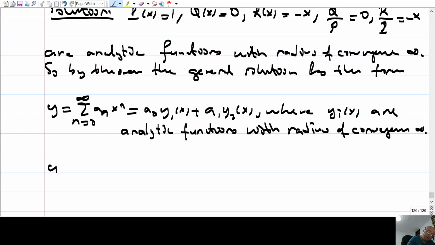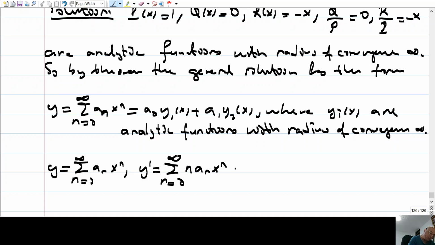How can we find this? Well, here is the function y. What is its derivative? I'll just plug this into the equation. So for that, I need to take the derivative. So this is the sum of n times a_n x to the power n minus 1. Since n equals 0 gives 0, I may just start from n equals 1.